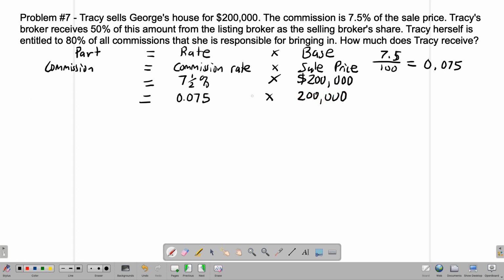So we say 200,000 times 0.075 is going to equal a value of 15,000, and this is the total commission.